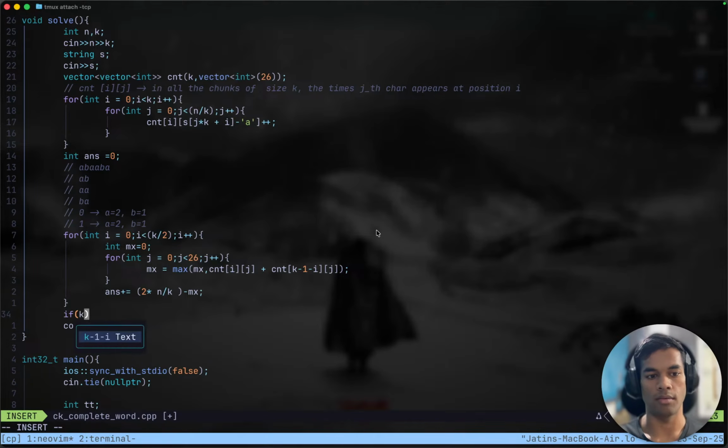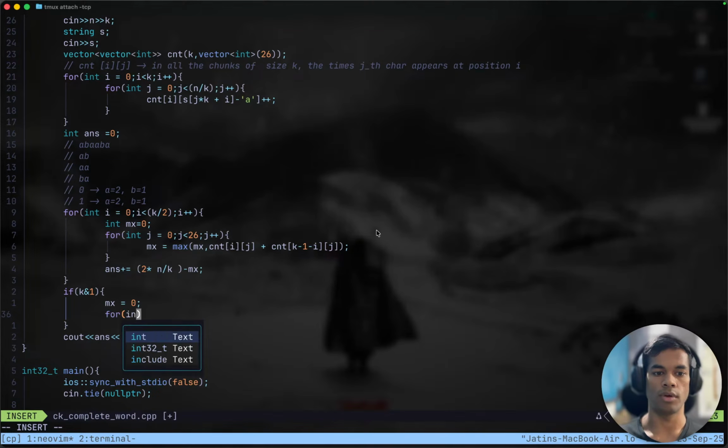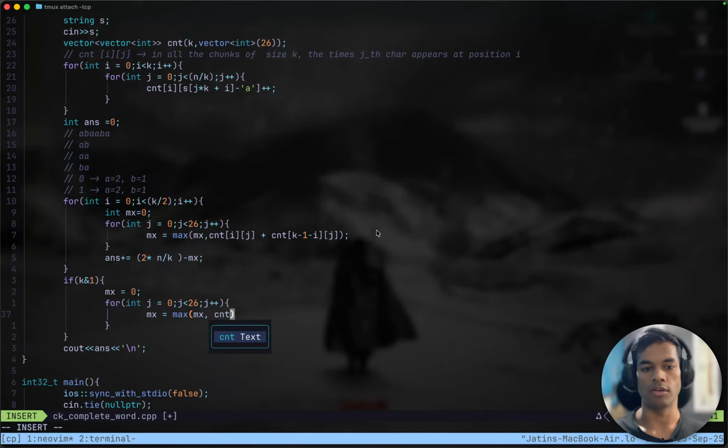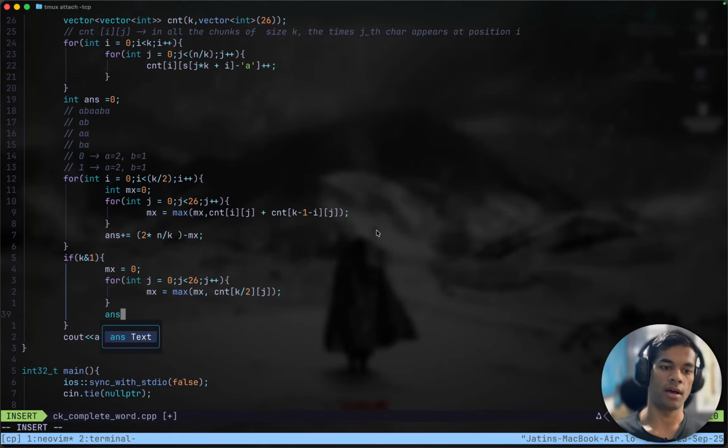So if k is odd, then mx equals 0, and we will go through every character, j equals 0, j less than 26, j plus plus, and mx equals the maximum of whatever mx is, or how many times this jth character appears at the middle index, which is k by 2. And then answer plus equals the total number of substrings, which is n by k, minus mx.